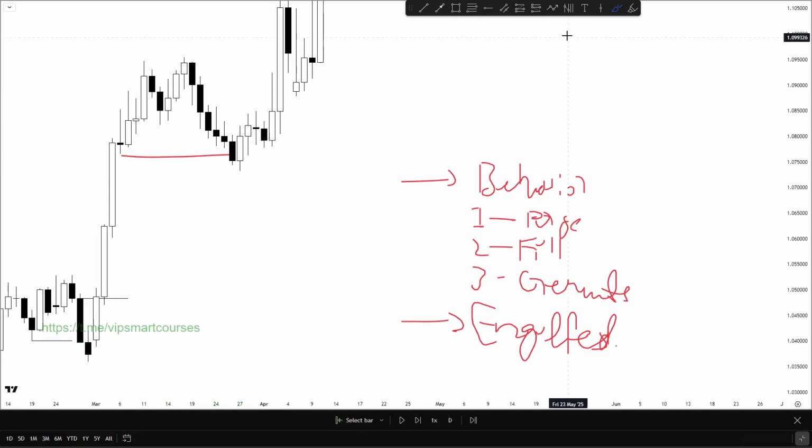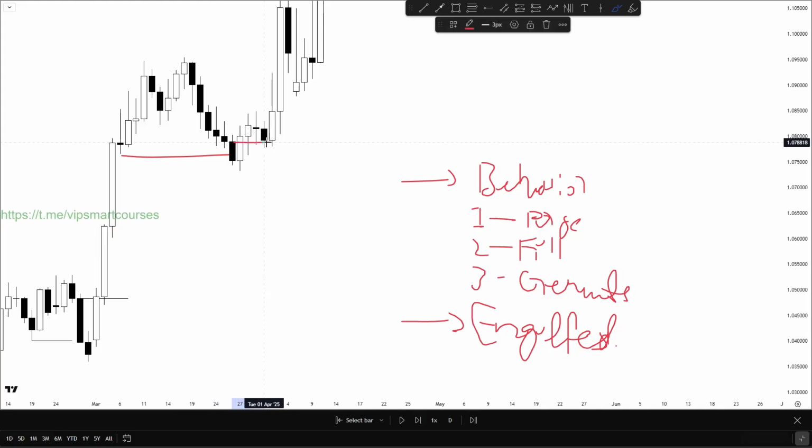In this case, you can see that this candle right here closed above the body of this candle, which also brings us to the next topic, which is when to choose the body and when to choose the wick of a candle as an order block. And that boils down to how a candle closes above the candle that showed the behavior, or how the candle that shows one of these behaviors gets engulfed.